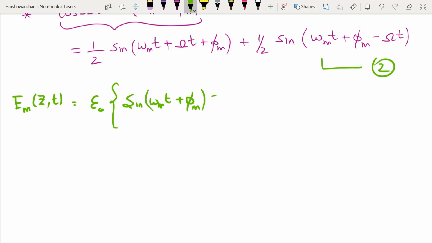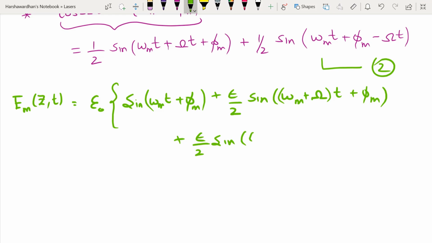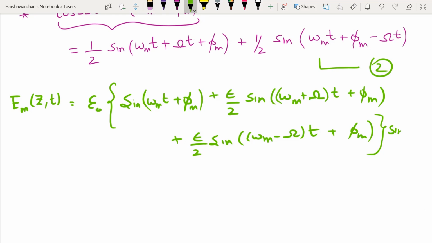Then there is a second term which is epsilon by 2 times sine of omega m plus capital omega, times t plus phi m. And there is another term which is the difference frequency. And the whole thing is multiplied by the spatial dependence, which is simply sine km z.